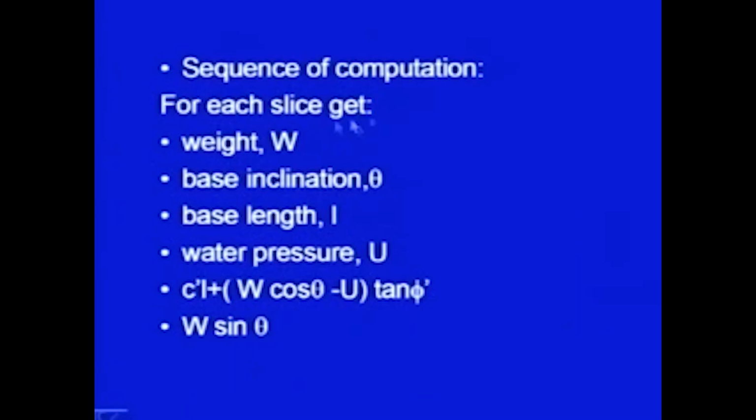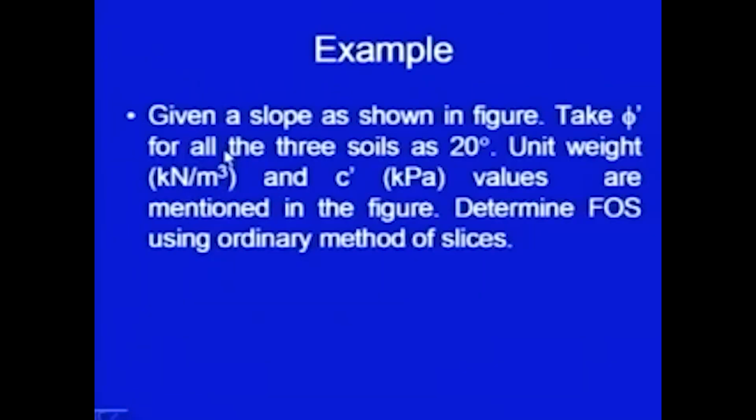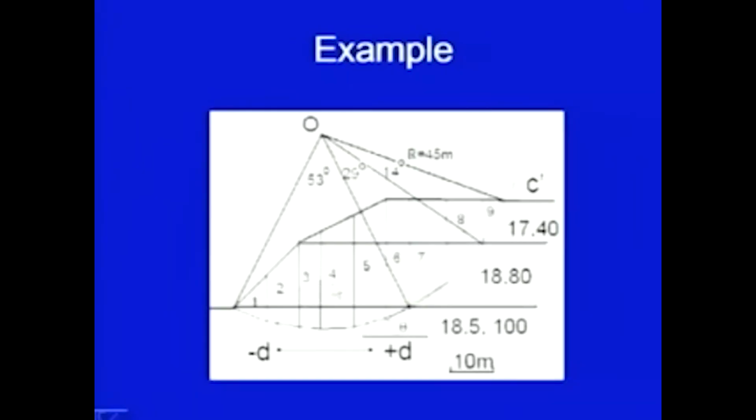Here is the sequence of computations. For each slice, get the weight. We discussed last time that, for example, if I am taking the weight of this slice, then it will be the weight of this small component and the weight of this small component. We are taking unit length perpendicular to the plane of paper.